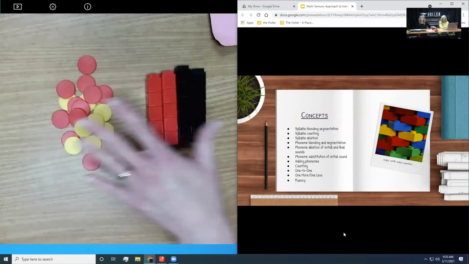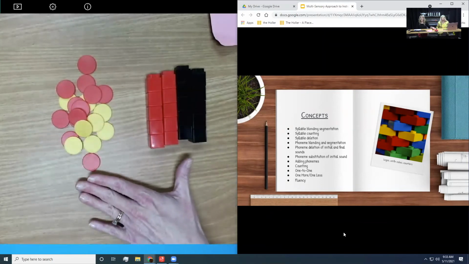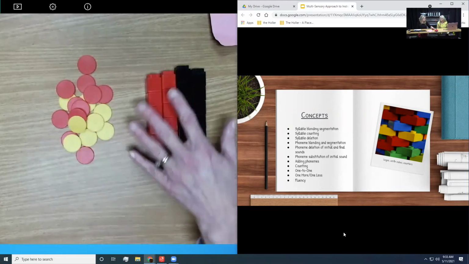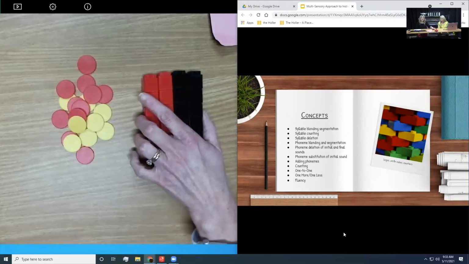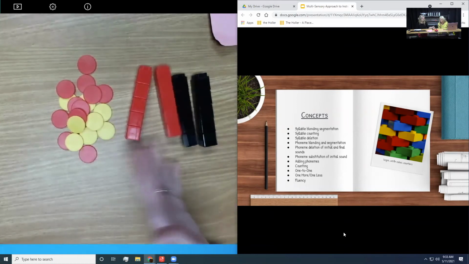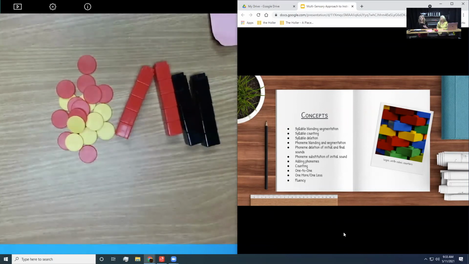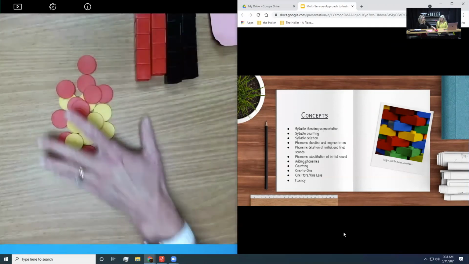I'm going to be quite honest with you: until I was going through these and double checking, I didn't realize how versatile these tools are to add to your toolbox. If you just have a couple of these things, you could teach so many different concepts. So let's get right into what some of those are.